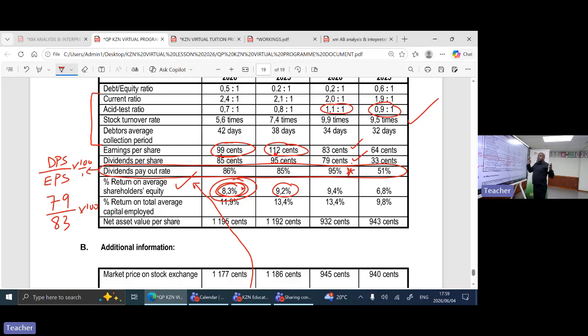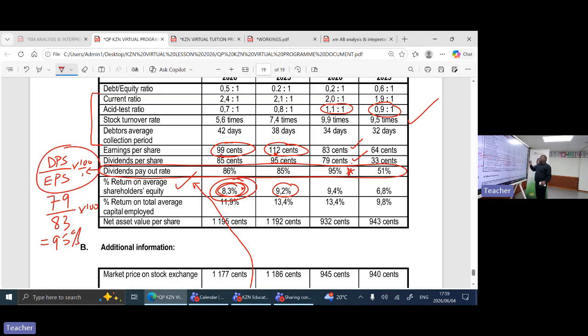Sometimes you are not only asked to comment on it but also to calculate it. So 79 over 83, you can punch your calculators. It is 95%. You can also check the other ones as well. So if you don't know how to calculate it, that is the formula: DPS over EPS times 100.